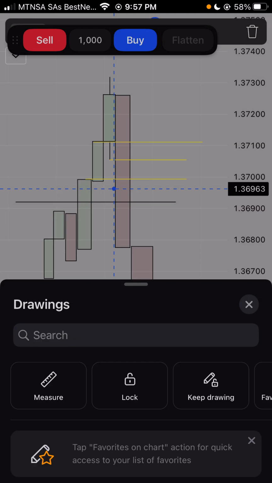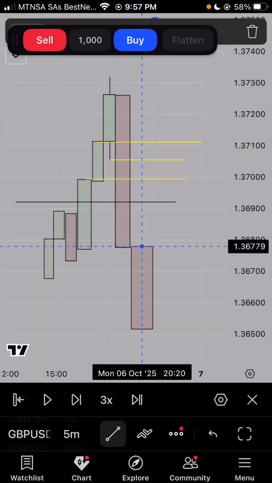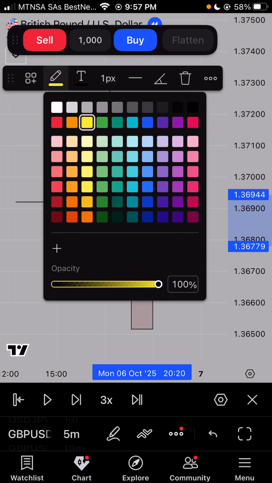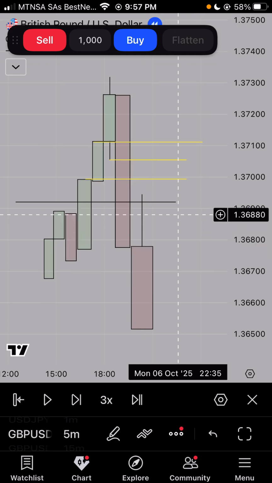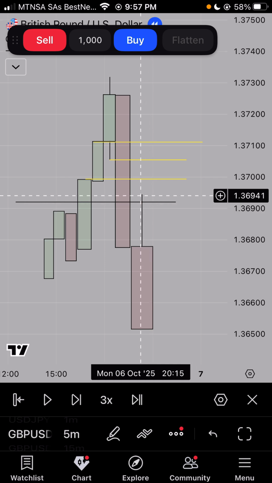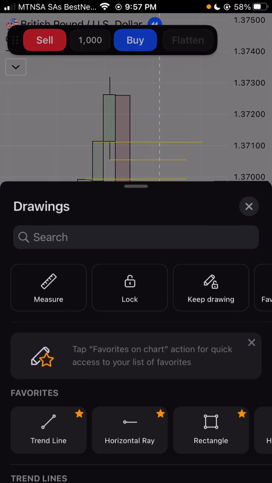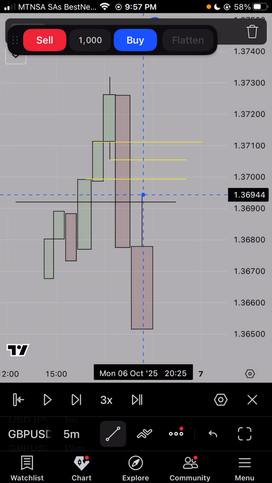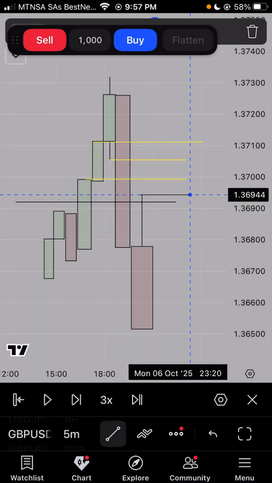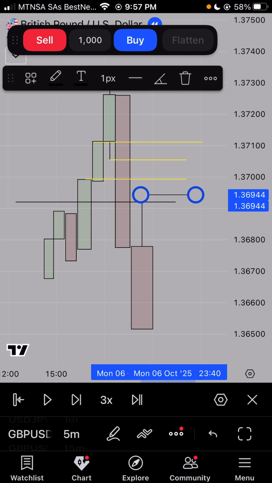Let's say this fair value gap is like this. Then I would have marked out this fair value gap also as the low of all my confirmations.